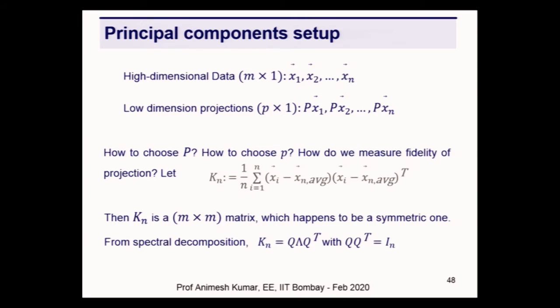All right. And this Kn happens to be symmetric, right? Because if I take Kn transpose, then I have this outer product, a vector times its transpose. If I look at a vector times its transpose and I transpose it, I get the same thing back.